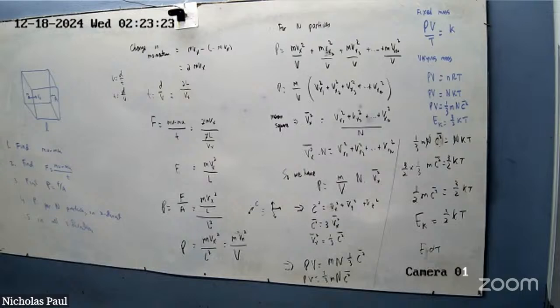Multiplied by N, right? Right, so this is the ideal gas equation. We did everything on it. Now, taking all those formulas on the top right hand corner in blue, we're going to see if we can apply them.